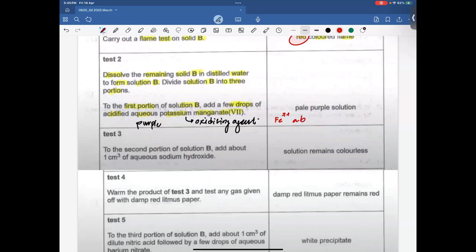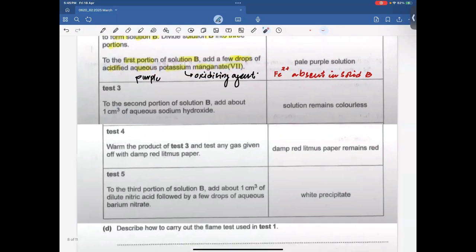So Fe2+ ions are absent in solid B, because Fe2+ is a reducing agent and permanganate is an oxidizing agent. If it were present, obviously the color would change from purple to colorless, but there is no change in color. That indicates there is no reducing agent in solid B. Indirectly, we can say there are no Fe2+ ions in solid B or in solution B.